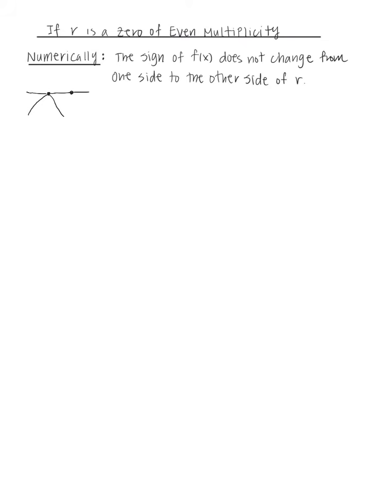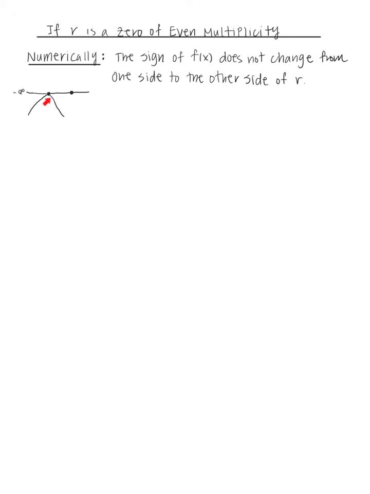So that way, notice that from negative infinity all the way up to this point, the sign of f of x is going to be negative, which indicates that it dips below the x-axis. And then on the next one, it also has to be below the x-axis. That's what it means. The sign of f of x does not change from one side of r to the other side.